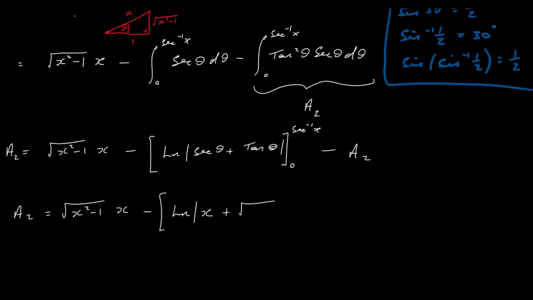We know that's just the square root of x squared minus 1. And then we've got to subtract 0, because we have the sec of 0, which is 1 over the cos of 0. The cos of 0 is 1, and the tan of 0 is 0. So really it's just a log of 1, so that's just going to be 0.